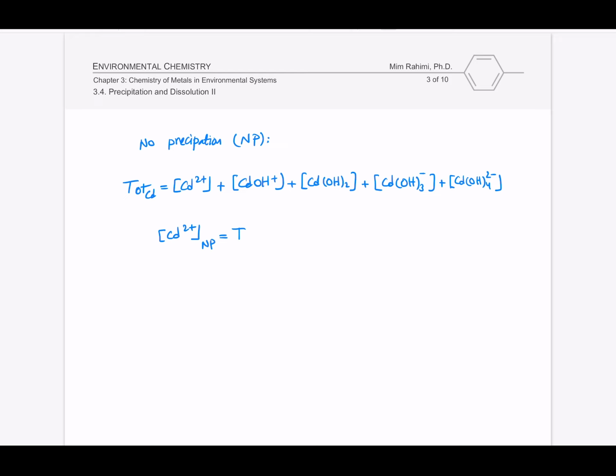So this NP was the total cadmium divided by 1 plus beta 1 hydroxide plus beta 2 hydroxide plus beta 3 hydroxide plus beta 4.